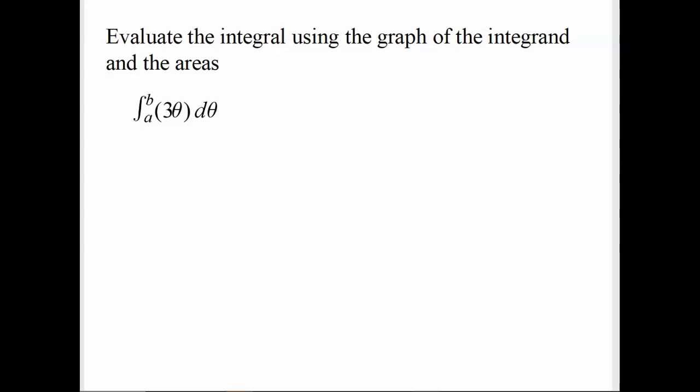So 3 theta at 0, 0 would go through the y and x origins. It's got a slope of up 3. So it means it would go up 3 and over 1 as you continued through your process.